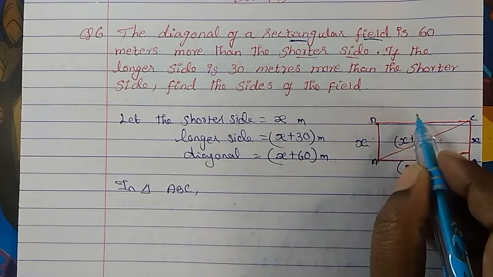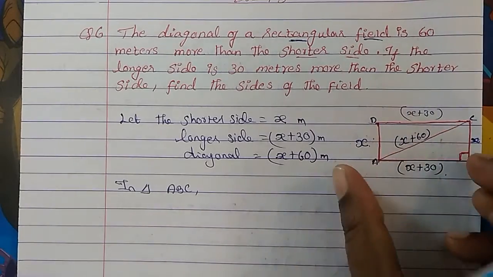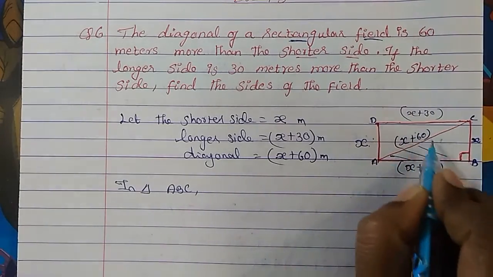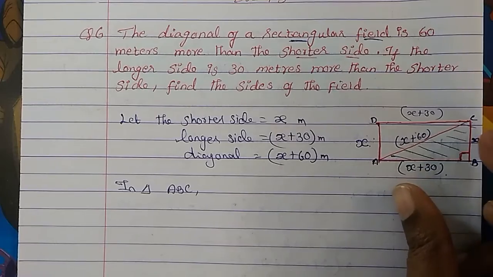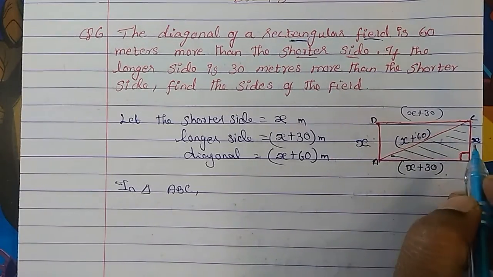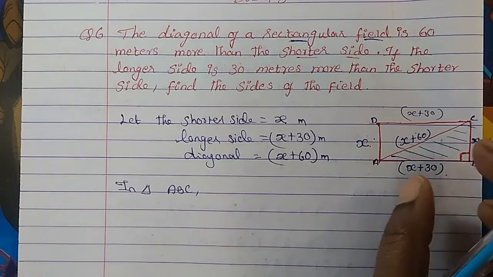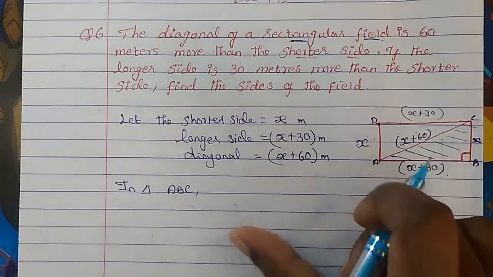This is x plus 30, so this is also x plus 30, the longer side. But now we will take just one right angle triangle. If we know both sides, then it is the same for this one also. So this is the shorter side and this is the longer side. Since it is a right angle triangle, we can use the Pythagoras theorem.